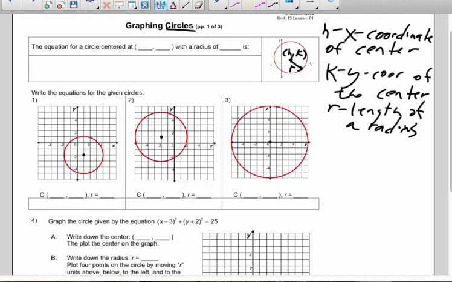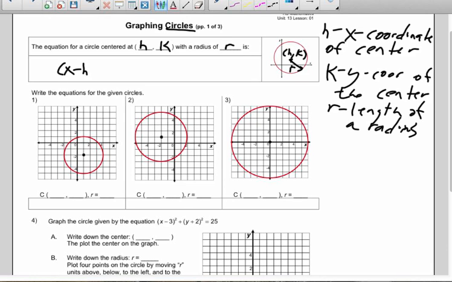So the equation of a circle centered at (h, k), remember H is the x-coordinate, and K is the y-coordinate, and it has a radius with the length of R, is the following. It's going to be x, and you're going to change the sign of h.